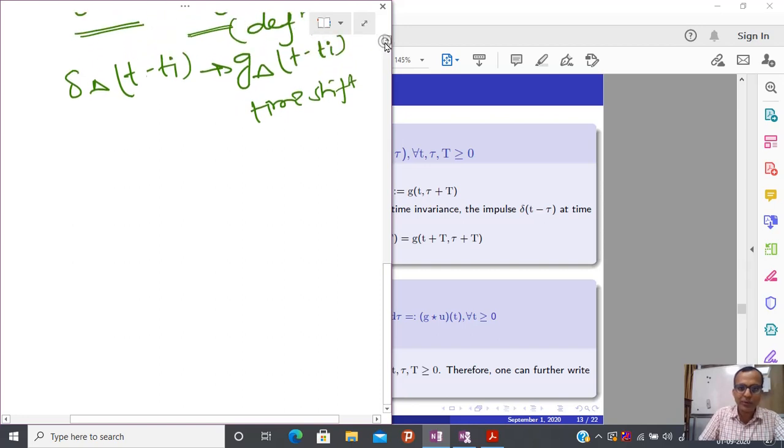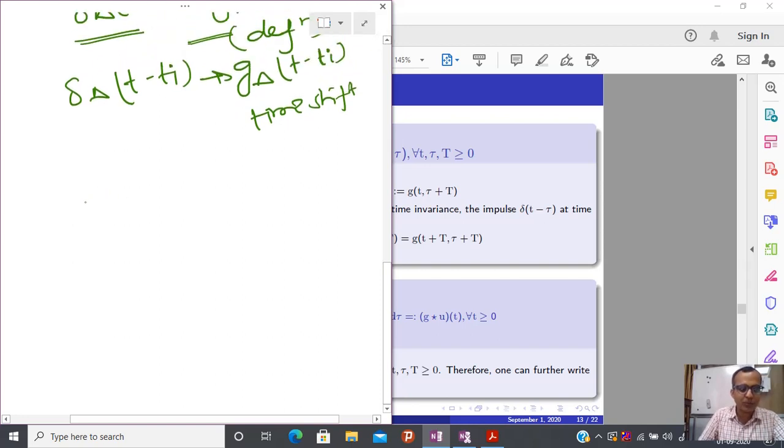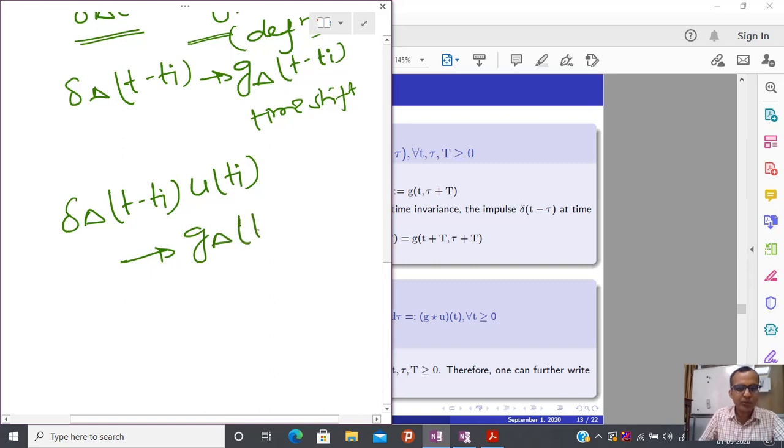In this way you are able to understand how one can apply all the properties. So with t minus ti, I am now representing my input using the impulse function, and at that time you can see that by the result of homogeneity, I am going to get some function like this, where I have u(ti) multiplied by delta, and this is due to the homogeneity property.